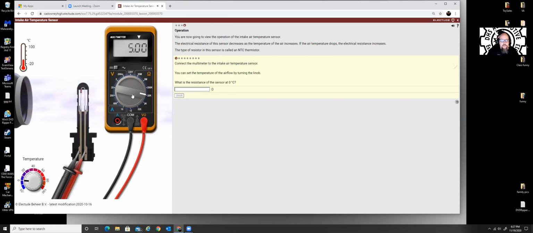Okay. So that says 5. Now, 5 what? It's not just 5 ohms. We're in the range of thousands of ohms, kilo ohms. So it's 5 kilo ohms, 5,000 ohms. So the resistance of the sensor at 0 degrees centigrade is 5,000 ohms.